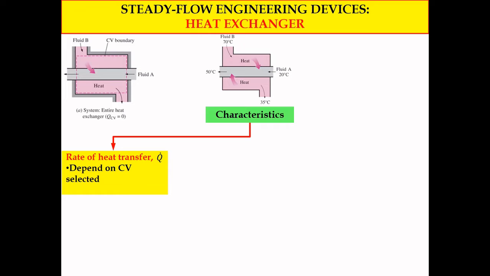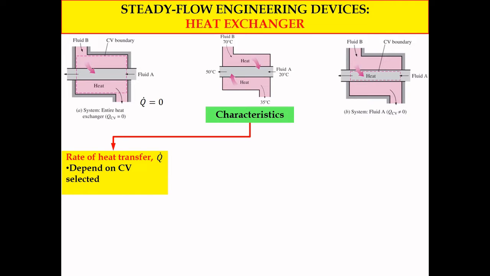For example, if we select the control volume boundary based on the inner surface of the main body of the heat exchanger, as shown in the schematic diagram, the value of Q dot will be equal to 0 because no energy transfers through the boundary. So we cannot include heat transfer in our energy balance equation. Q dot will be equal to 0 because the energy transfer process occurs within the boundary.